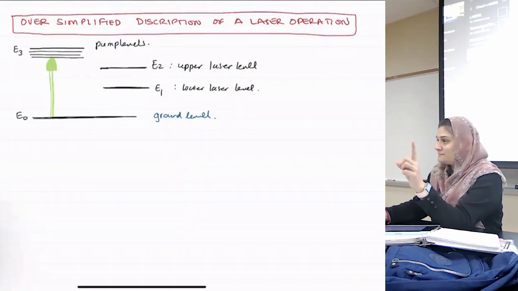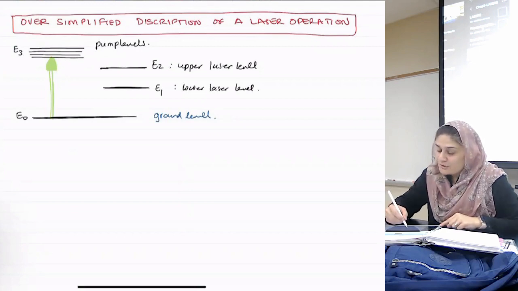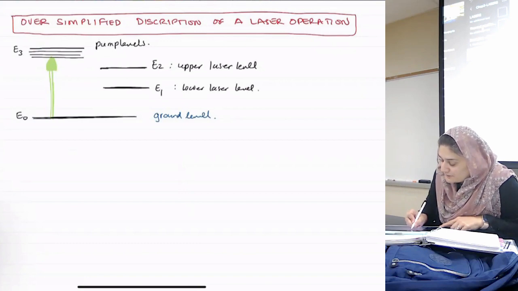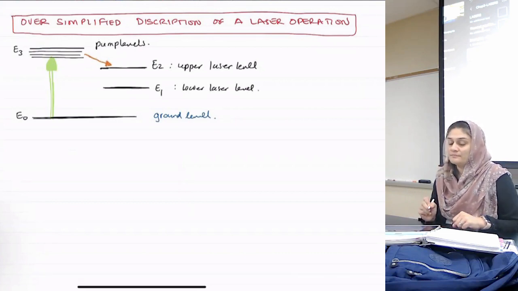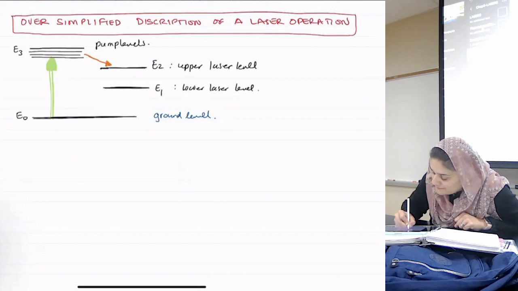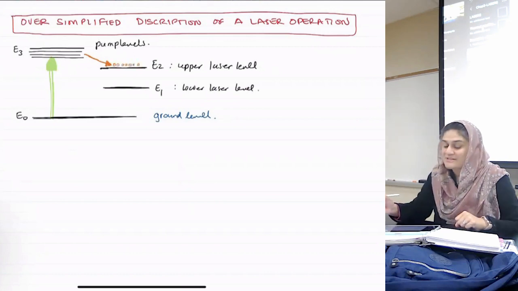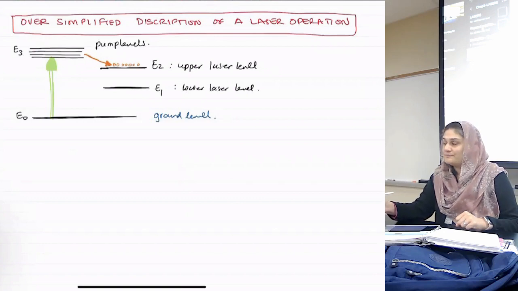Good? Number two, you need a fast transition. You need your pump to have a fast transition into the level E2. So many of these atoms, you would want them to stay at E2.